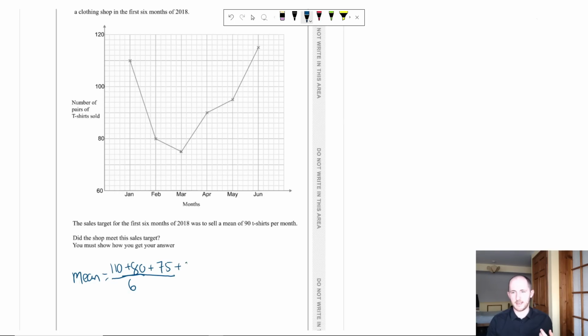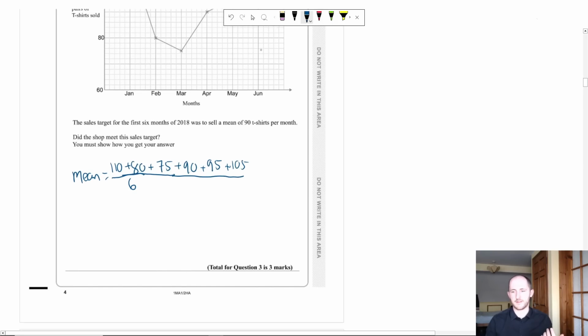Plus 90, so if that's 90, that'd be 92, 94, that'd be 95. Then you have 100, that's 102, 104, 105. Okay, add those all up, divide them by the number you have, and you get that.